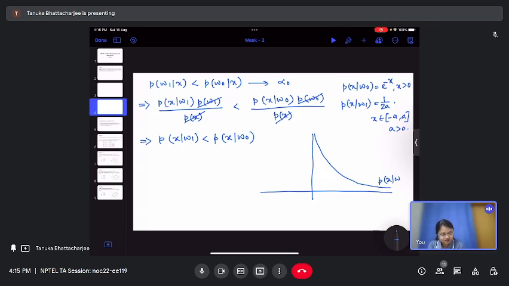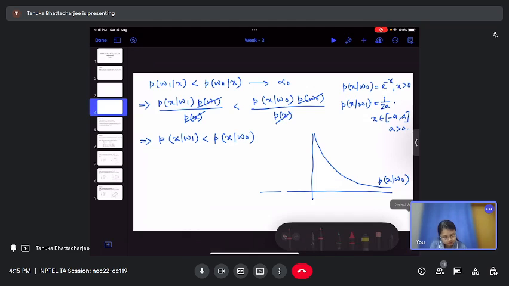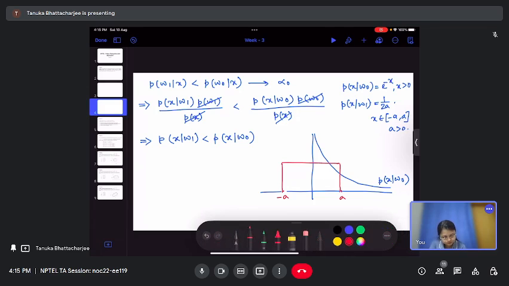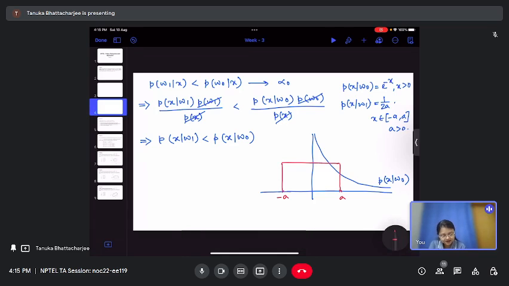So, this will be the curve for the class conditional density of omega 0, and for the other one, let me take another color. Here, let us say it is minus a and this is a. So, the density is like this, it is uniform, and this one is p of x given omega 1.